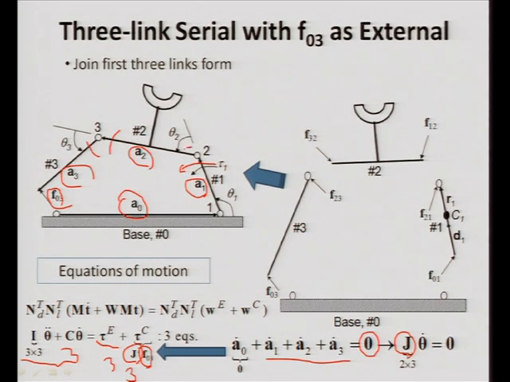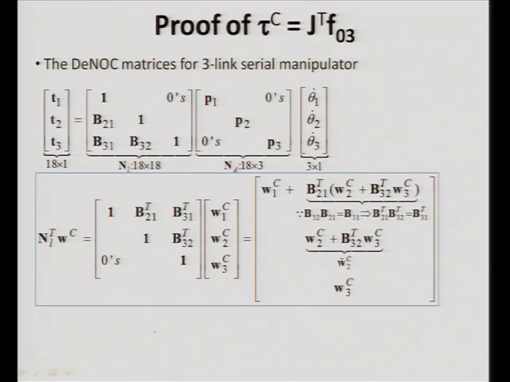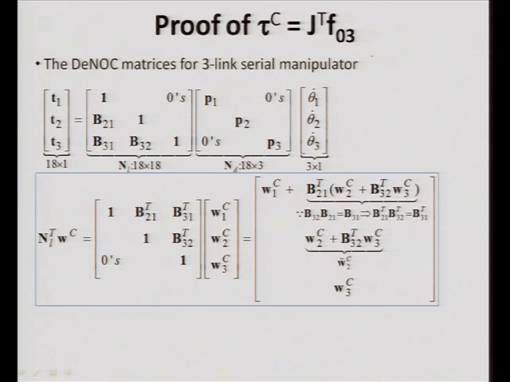Okay. So, this tau e will have tau 1, 0, 0 elements, and then tau c is our interest, to see what this expression is. That proof I wanted to show you now, that tau c is nothing but J transpose F03.